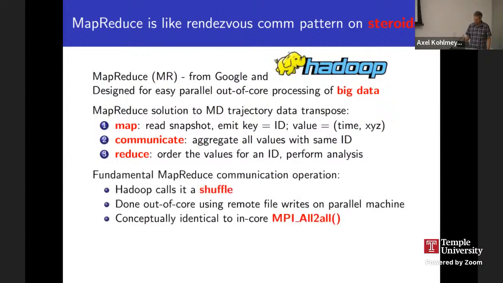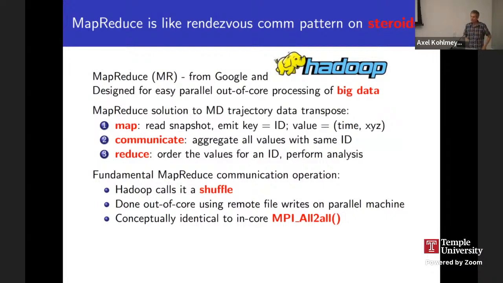So the fundamental MapReduce communication operation, Hadoop calls it shuffling the data. It's like transposing the data in our example. It's done out of core using remote file writes. So in this big cluster, processors are writing chunks of data to other processors' file systems.